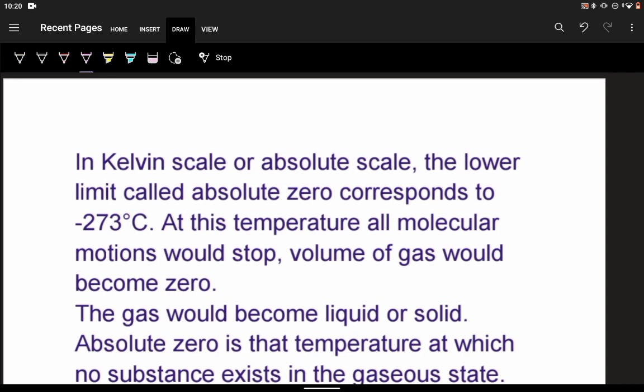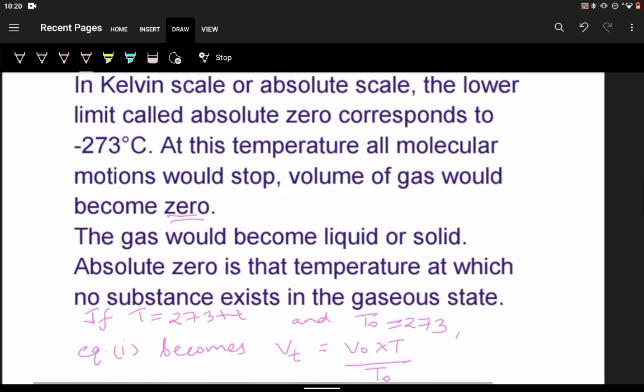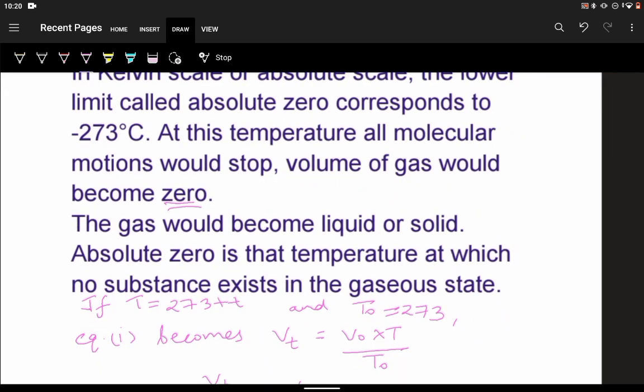Then the volume of the gas would become 0. Means the gas either turns to liquid or solid state. So absolute zero can be stated as that temperature at which no substance can exist in the gaseous state.